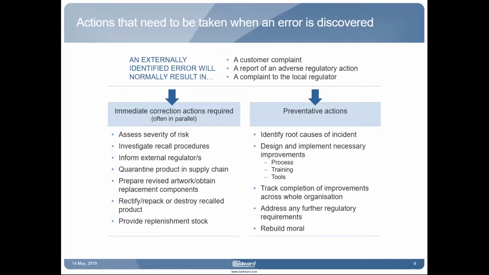But on the right-hand side, you've got the other set of actions that have to be done, the preventative actions, and they're there to make sure that the error can't happen again. So it's important that you're doing both the corrective actions and the preventative actions. If you don't do the preventative actions, you're not going to stop having that error reoccurring, or at least the risk of that error reoccurring.